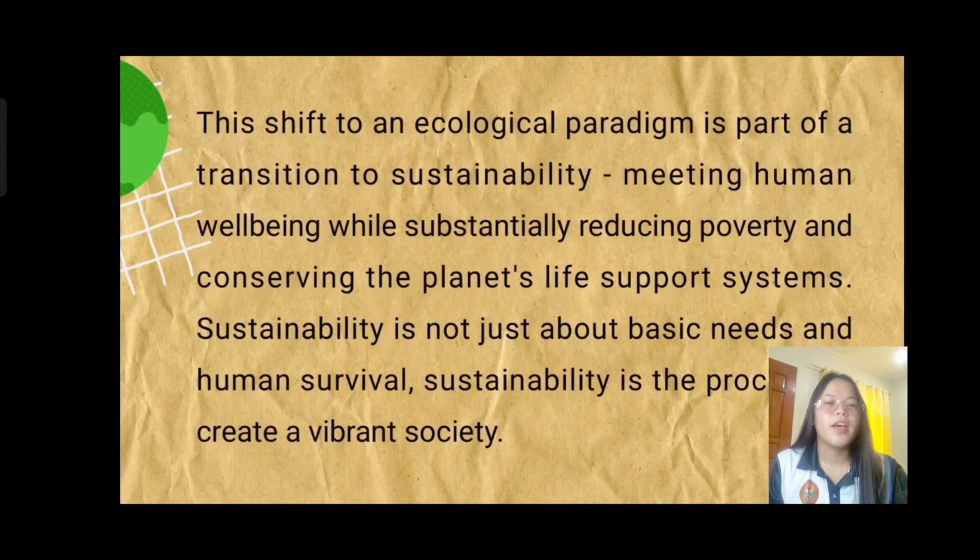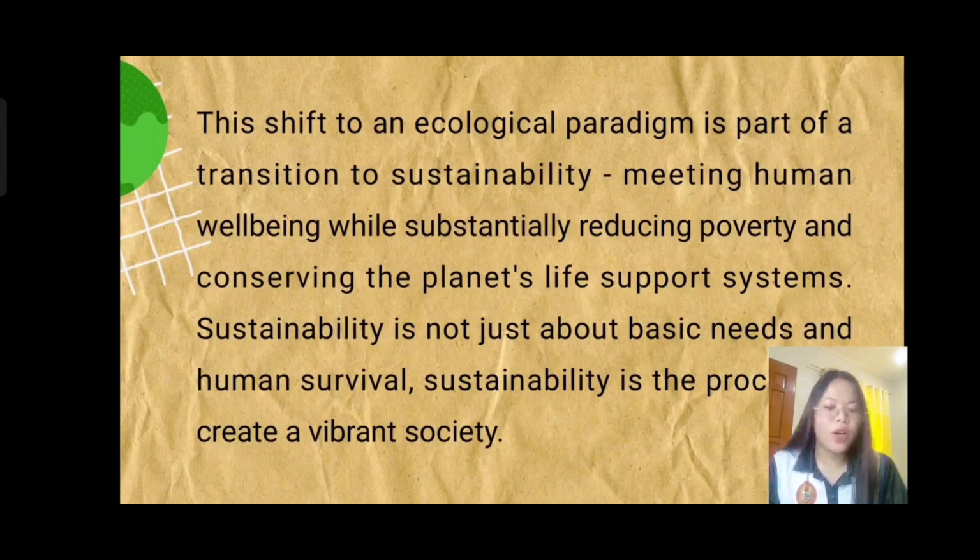And this shift to an ecological paradigm is part of a transition to sustainability, meeting human well-being while substantially reducing poverty and conserving the planet's life support system. And sustainability is not just about the basic needs and human survival, because sustainability is the process to create a vibrant society.